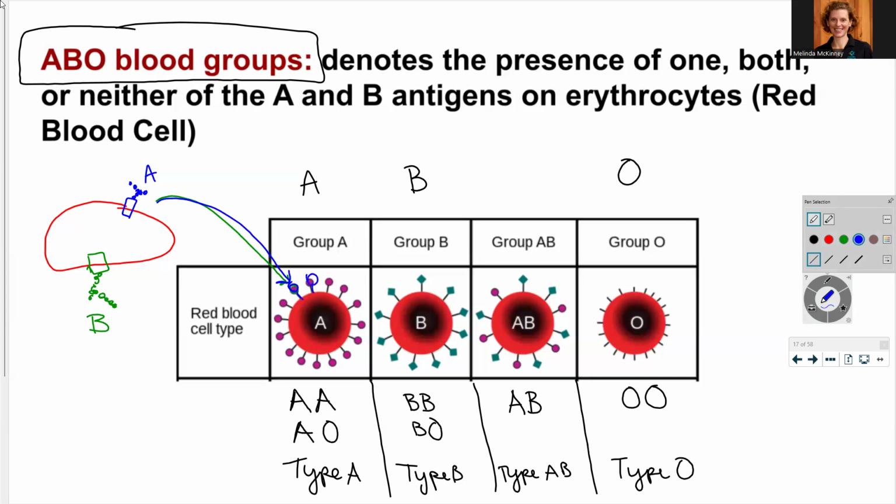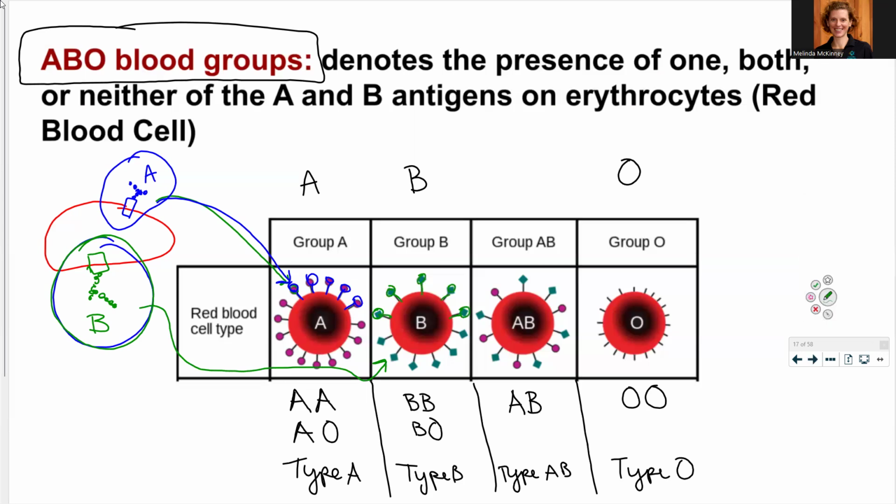Here you only have this one type of protein of interest, and I'm trying to draw this quickly. If you're type B, you only have this type of protein. Over here in your red blood cell, that's the only thing that's sticking off.